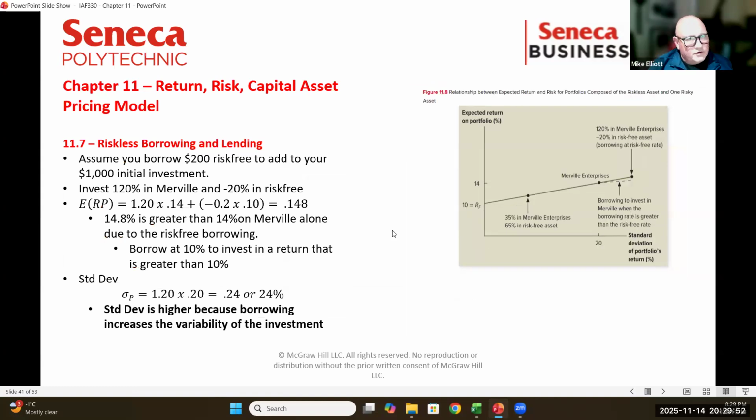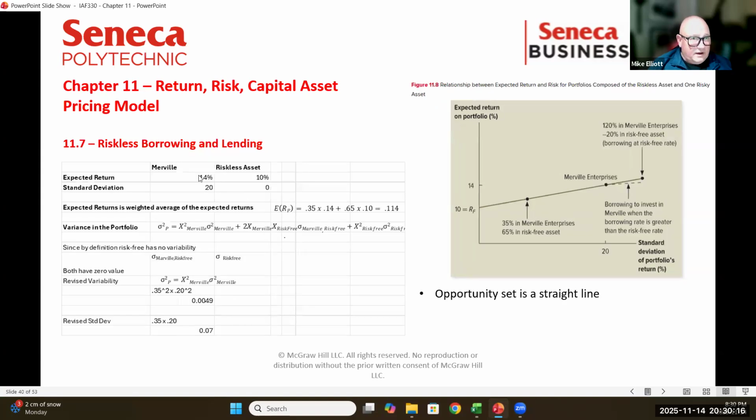So if we borrow $200 risk-free to add to our $1,000 investment, we're investing 120% in Merval now, and minus 20% risk-free. So what we end up with is 120% times 14%, minus 20% times 10%, added together gives us a return of 14.8%. 14.8 is higher than either 14 or 11.4, so we are doing better.